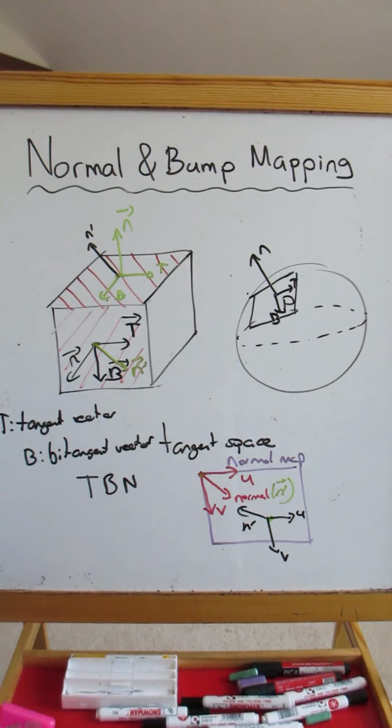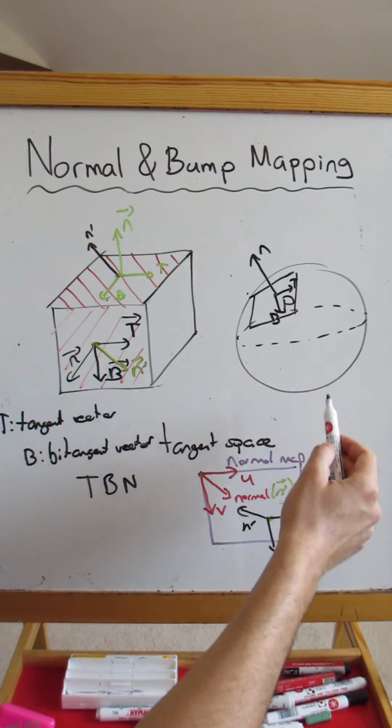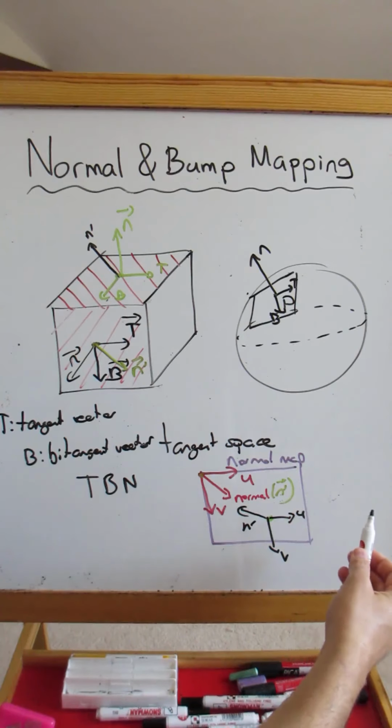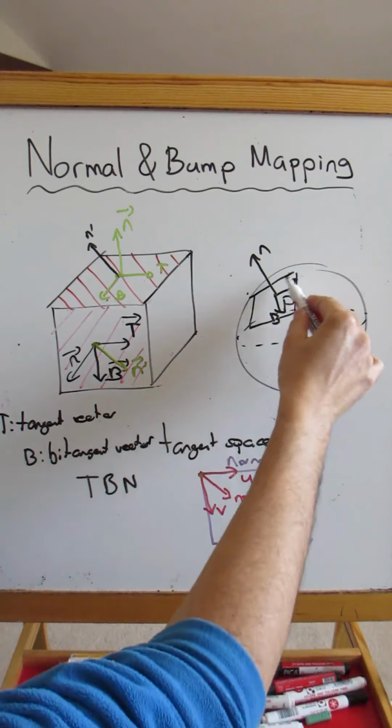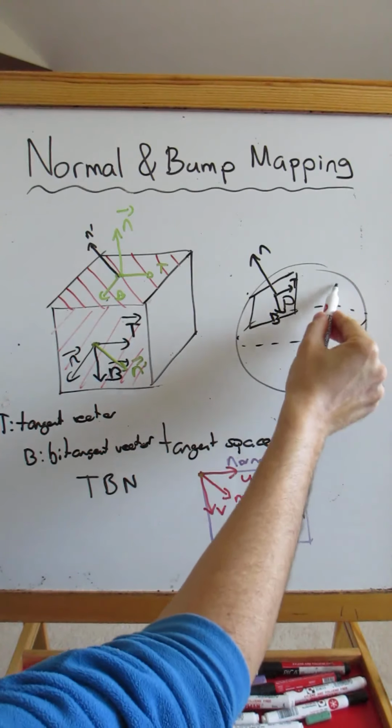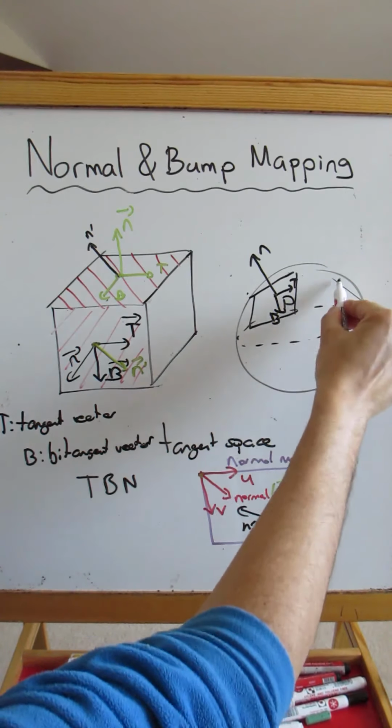Now imagine the sphere case. In the sphere, the tangent plane will be different. Imagine we have a different tangent plane at this point.